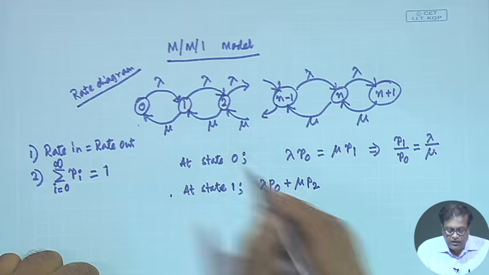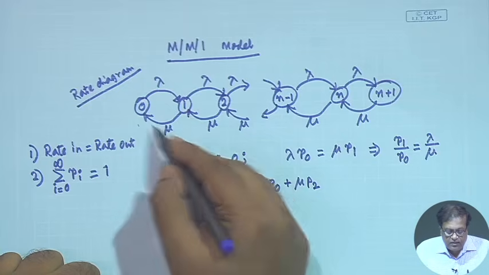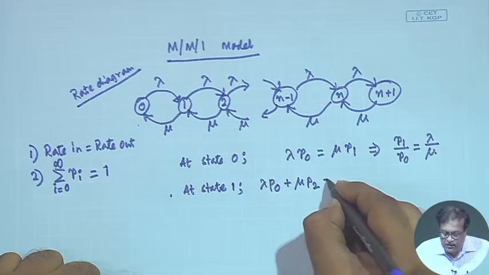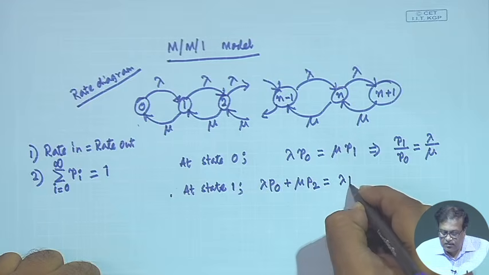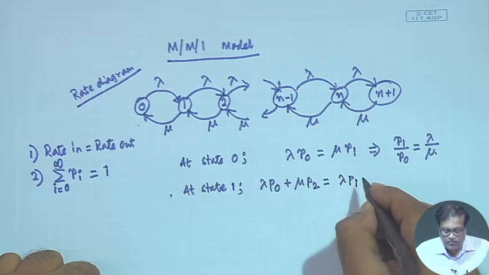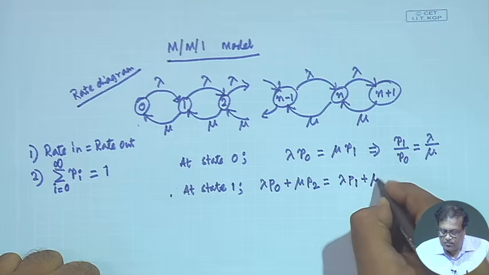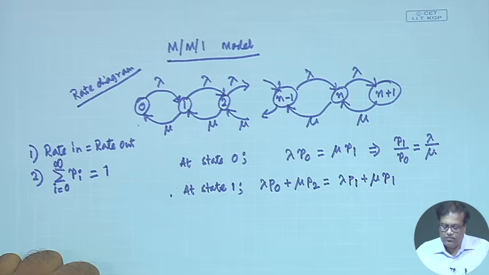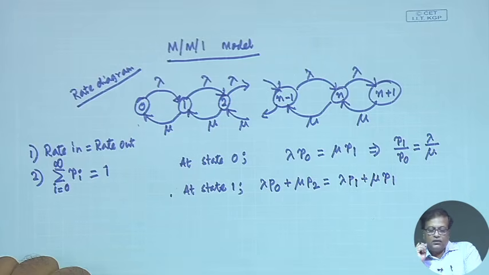And going out is lambda P1 plus mu P1. Is it all right? So, these are the things that are going out.